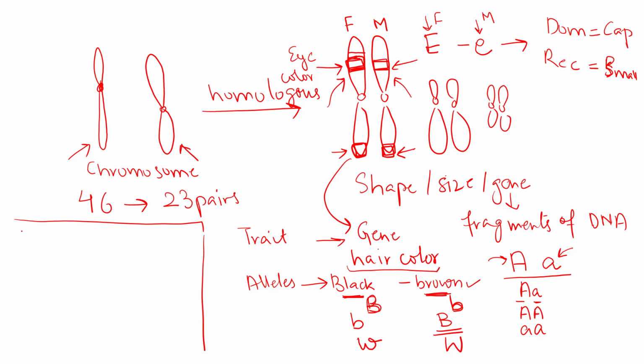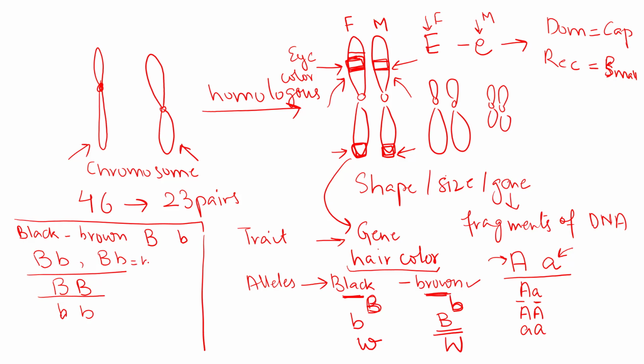If we have already decided that black is dominant over brown, and you're going to represent black as capital B and small b represents brown, then maybe the character that came from your father is dominant and mother is recessive. Or maybe the one that came from mother is dominant and father is recessive. Or both of them had dominant allele, or both of them had recessive allele.